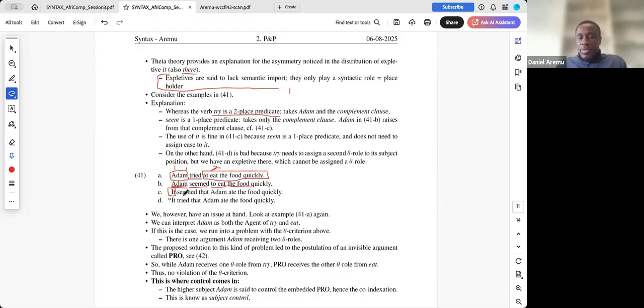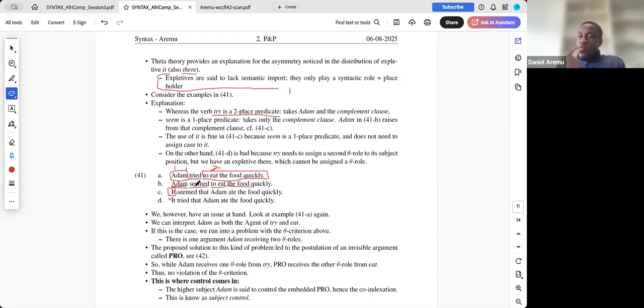I will recapitulate so that we can be on the same page. What we are looking at is the difference between try and seem with respect to the expletive it. The underlying knowledge that we must have is that expletives are not arguments, in the sense that they do not take any theta role. Now, with that knowledge, knowing that try is a two-place predicate, it takes Adam, and then it takes this non-finite clause.